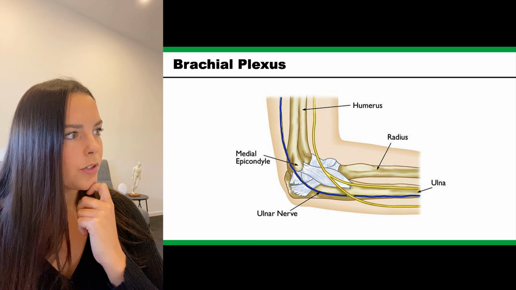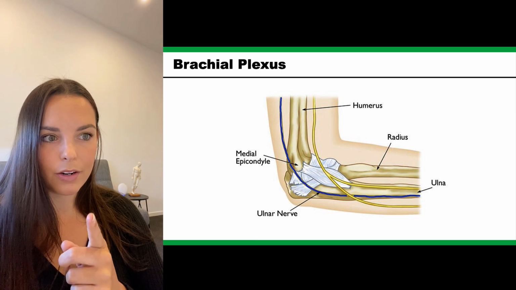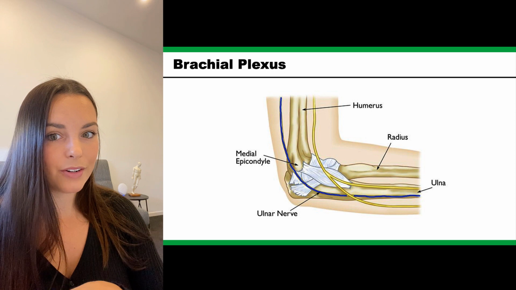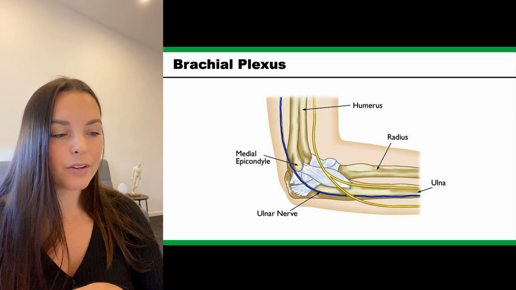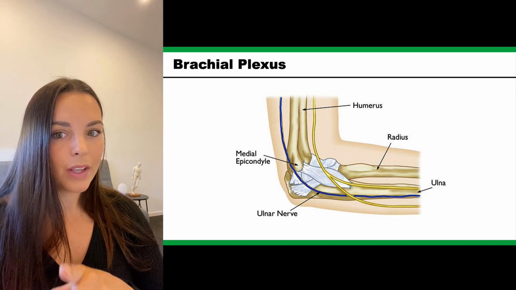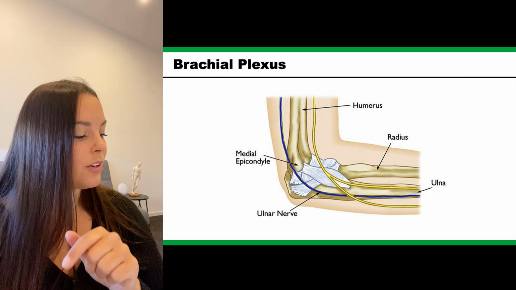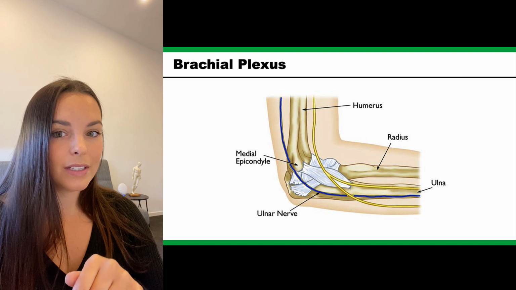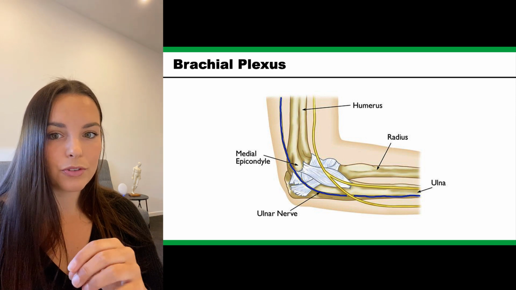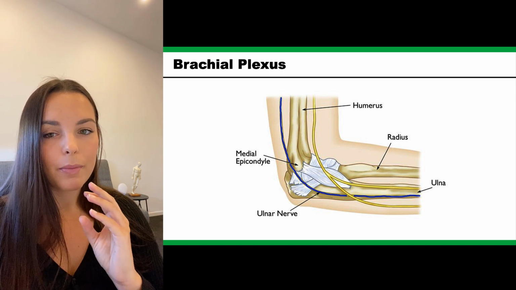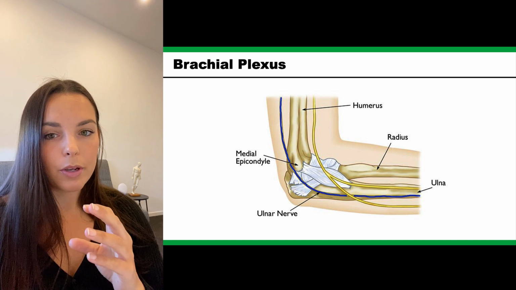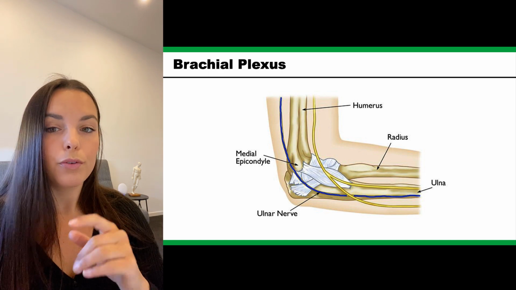Then we need to also discuss the median nerve. Now, we've heard of the median nerve before. Where have we heard of the median nerve? Can you remember? It was back when we looked at the wrist, and the median nerve was implicated in carpal tunnel syndrome. So remember how we spoke about carpal tunnel, the median nerve runs through the carpal tunnel.